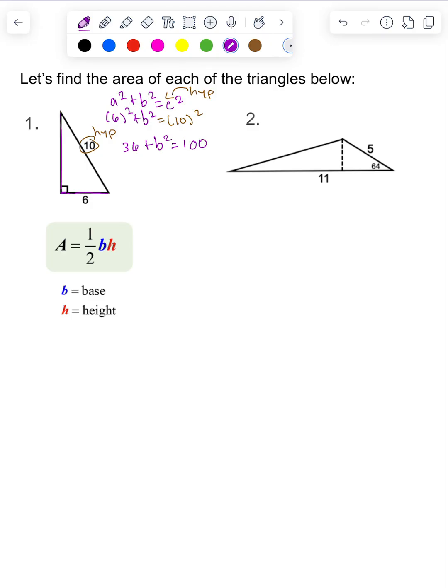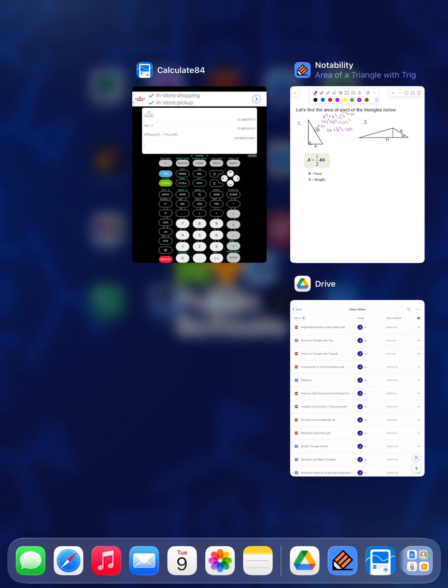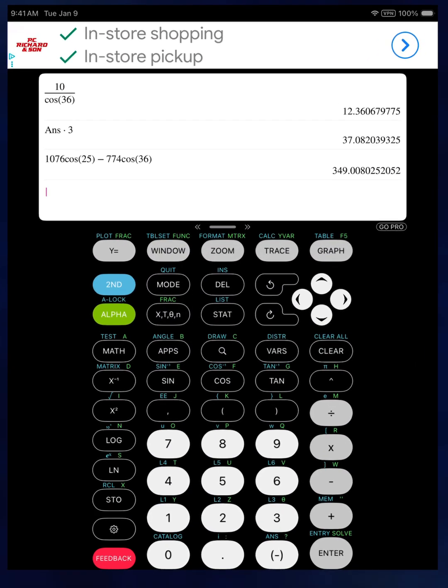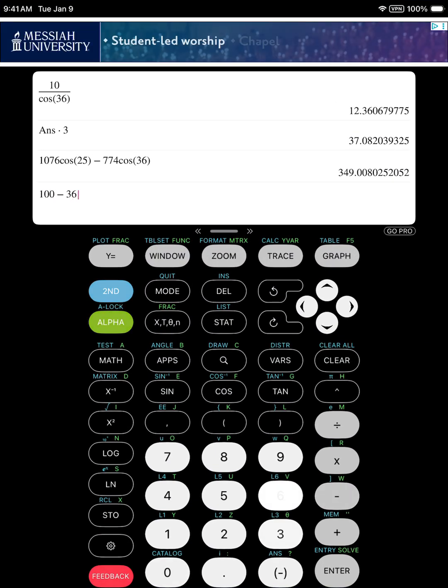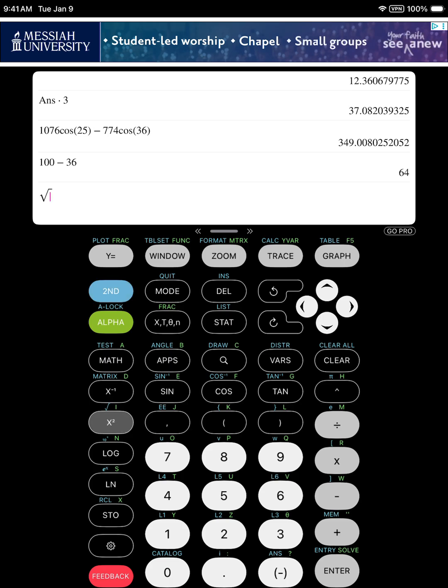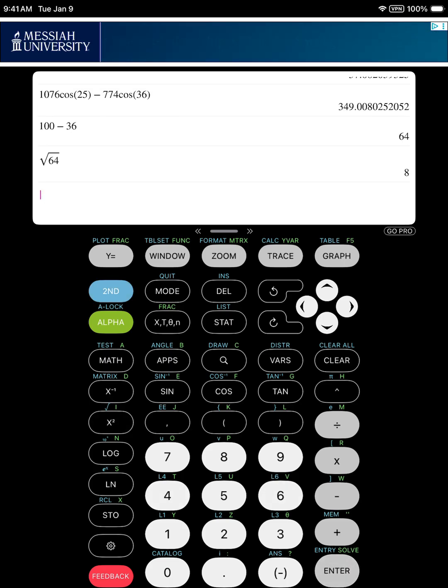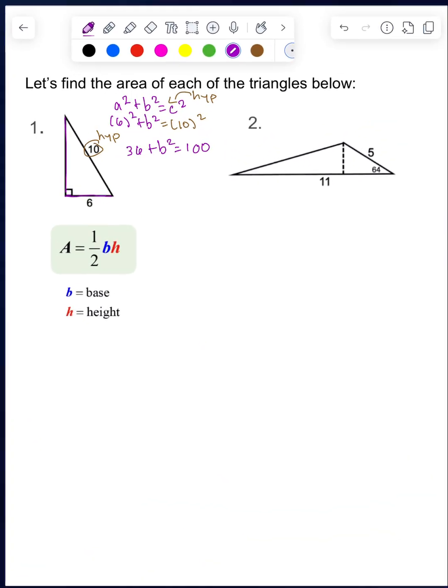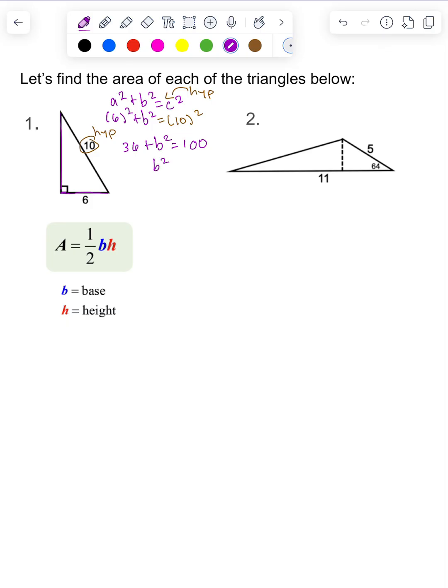If I subtract 36 on both sides, let's do 100 minus 36. And then if you take the square root, you have 8. And now we can plug into the area of a triangle formula, 1/2 base times height, because now we know that the base is 8 and the height is 6.